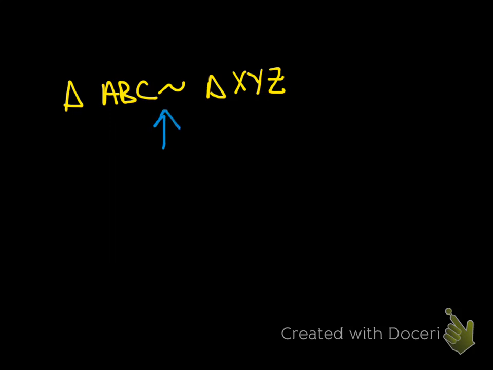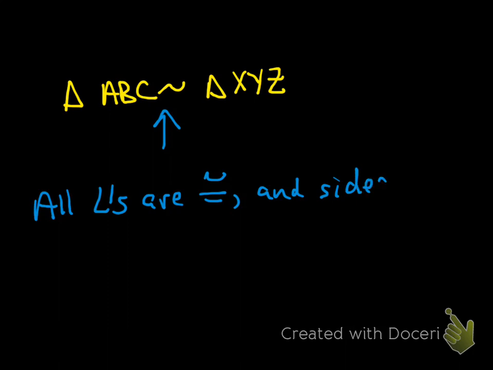In the notes it talks about you having this statement: triangle ABC is similar to triangle XYZ. Remember, this similar statement is saying that all angles are congruent and the sides are proportional.